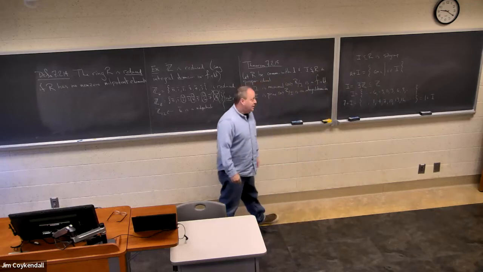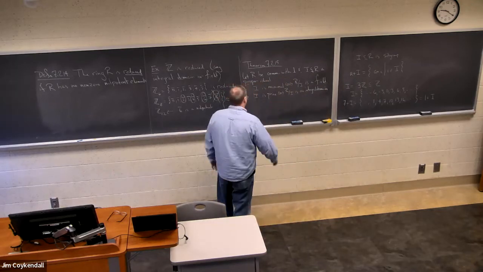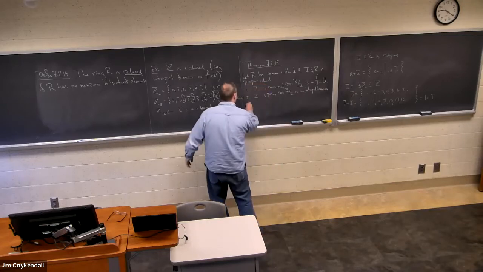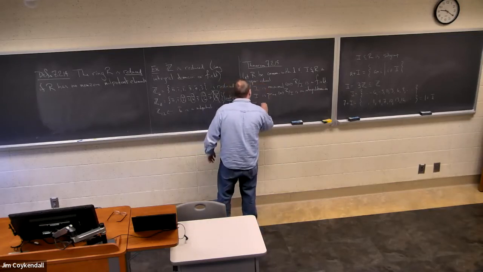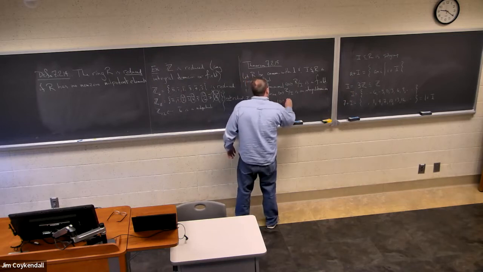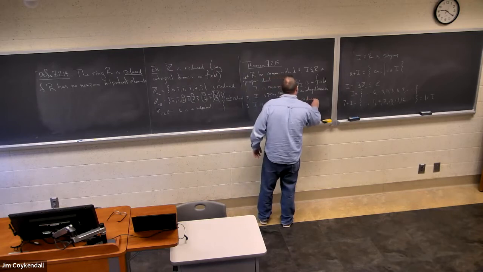That is to say, it's got no zero divisors other than 0. Integral domain, remember, we like these because A times B equals 0 means either A or B is 0. And 3, I is radical if and only if R mod I is reduced, as per the previous definition.